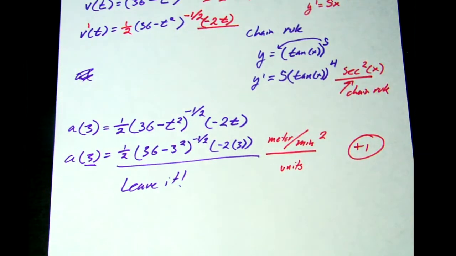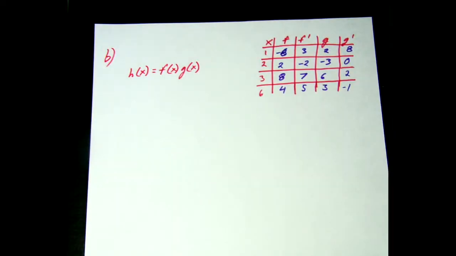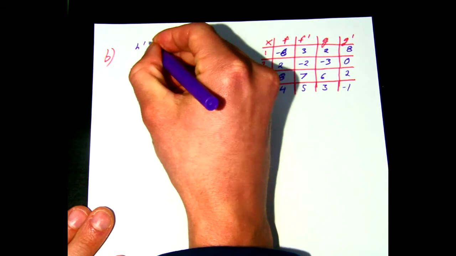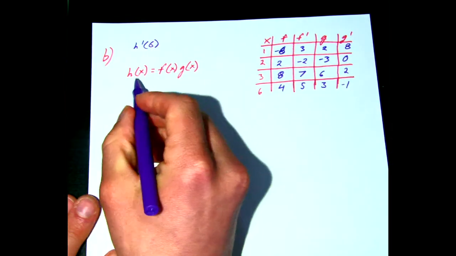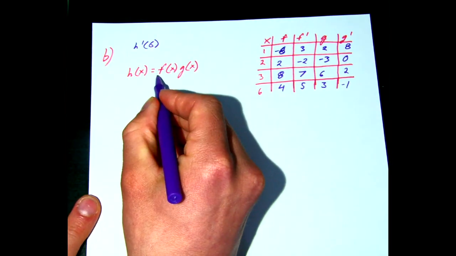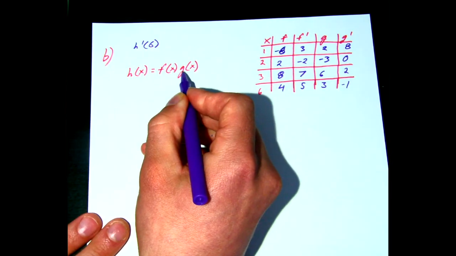All right, now I'm going to do part B. Part B asks you to find h prime of 6. They're going to say, hey, what's h prime of 6? And they tell you that h of x is equal to f of x times g of x.